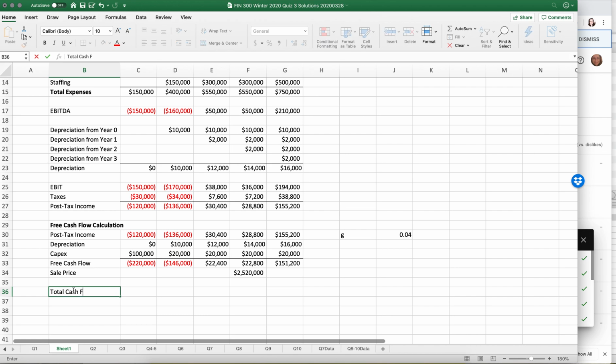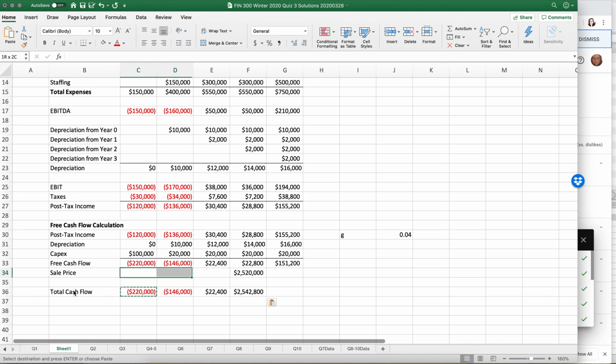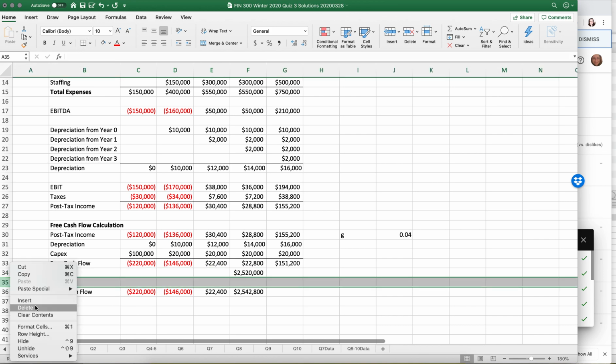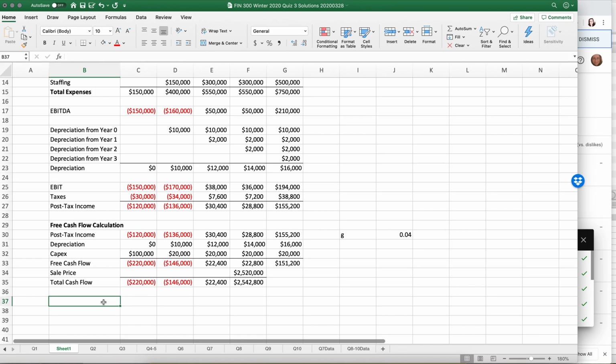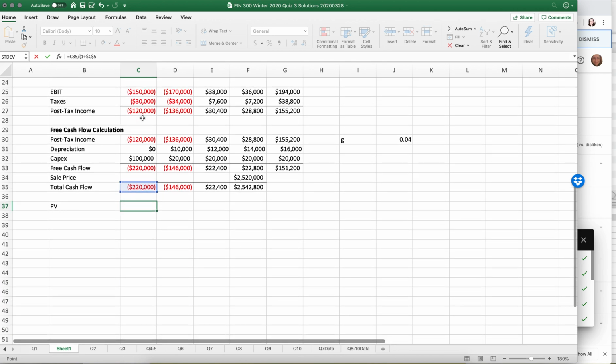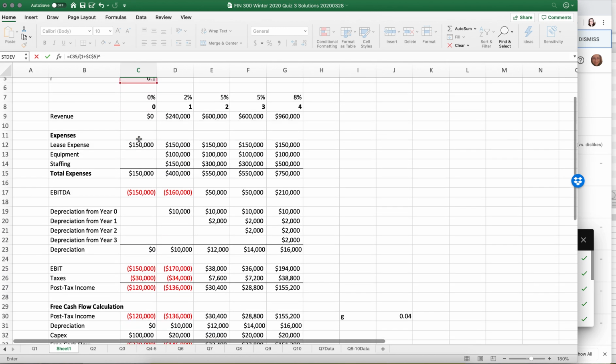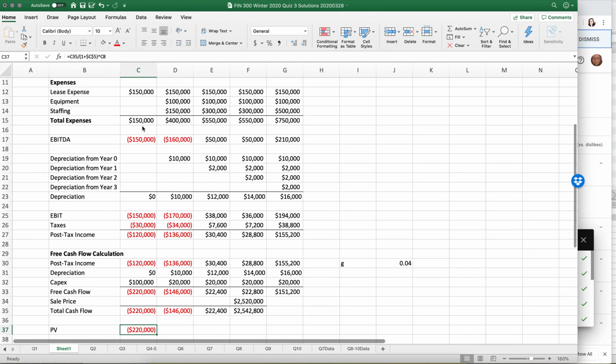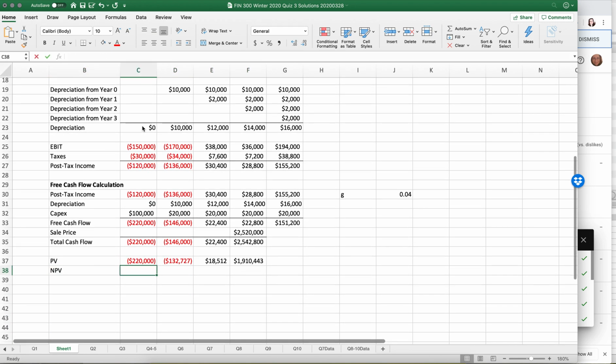So total cash flow is going to be, and let's delete that. Make it look pretty. Okay, so the PV of this cash flow is going to be that divided by 1 plus, nope, not tax rate, discount rate to the power of whatever year it is. And PV is going to be the sum of those things.